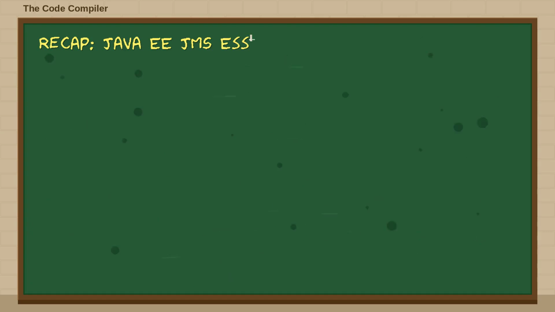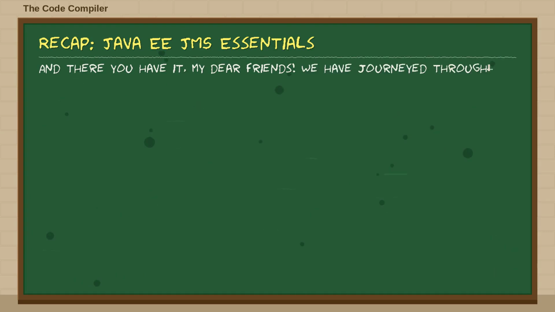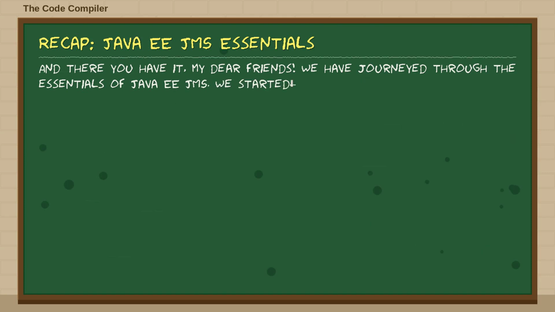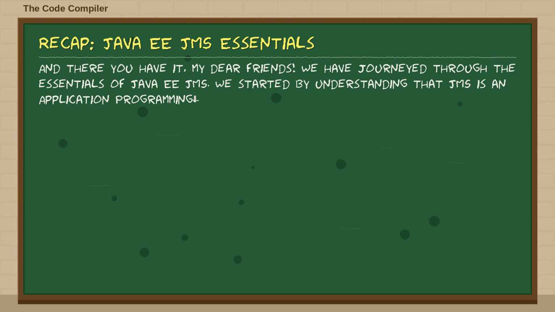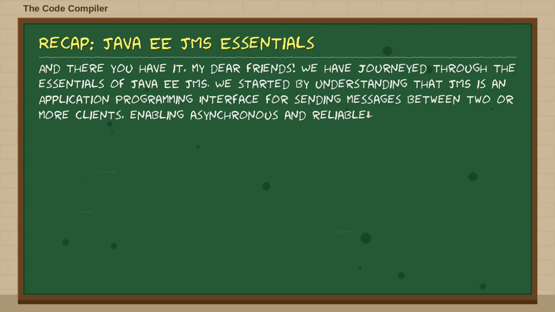And there you have it, my dear friends. We have journeyed through the essentials of Java EE JMS. We started by understanding that JMS is an application programming interface for sending messages between two or more clients, enabling asynchronous and reliable communication.